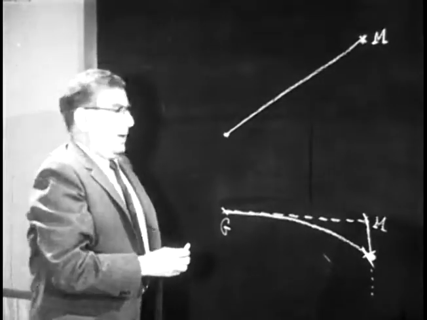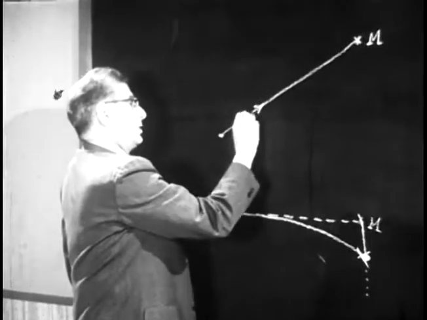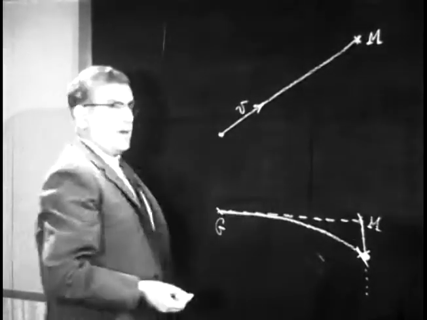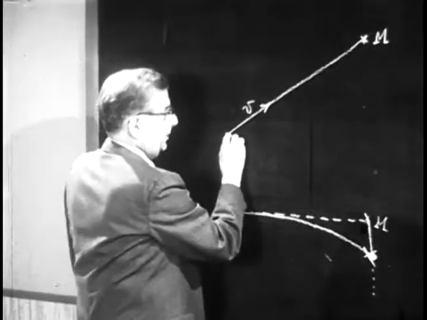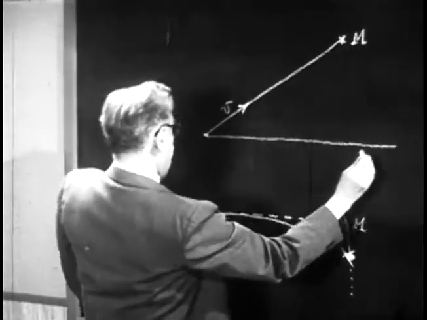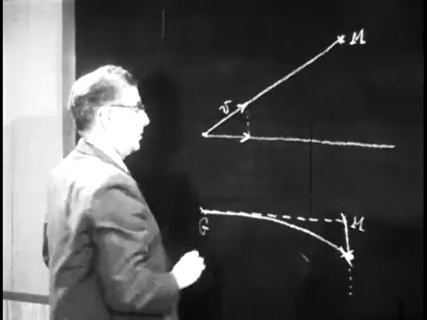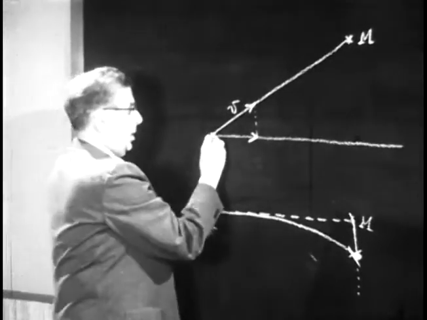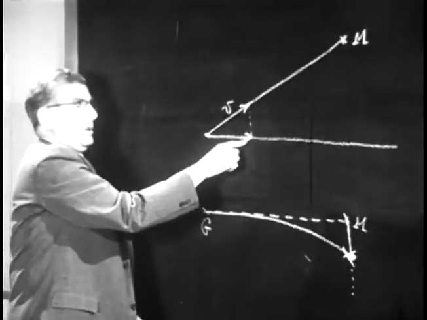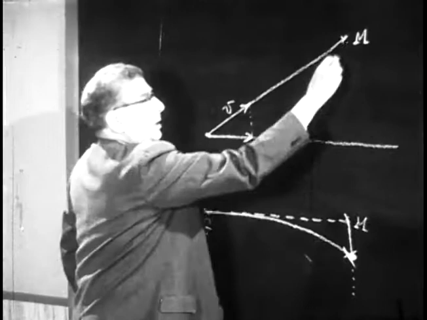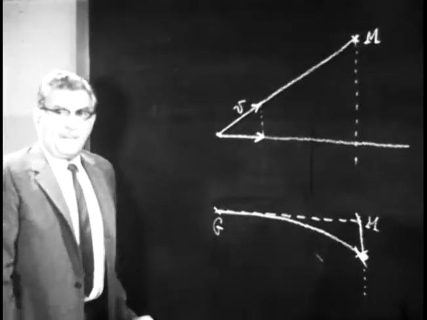Notice that in this case, the muzzle velocity of the bullet, which I'll represent by this vector v, has a horizontal component, and this horizontal component determines how long it takes for the bullet to reach a vertical line drawn through the monkey.